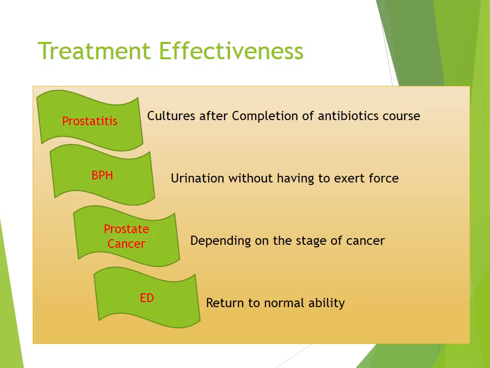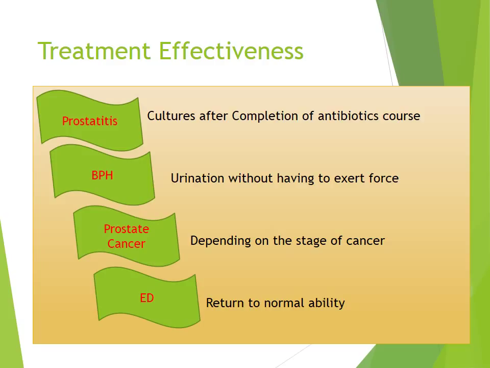Treatment effectiveness. After the prostatitis treatment, the doctor will obtain a culture, and if the culture is negative after the antibiotic course, that means the prostatitis is resolved and the patient is cured. In BPH, after the treatment, urination without having to exert force means the BPH is resolved.